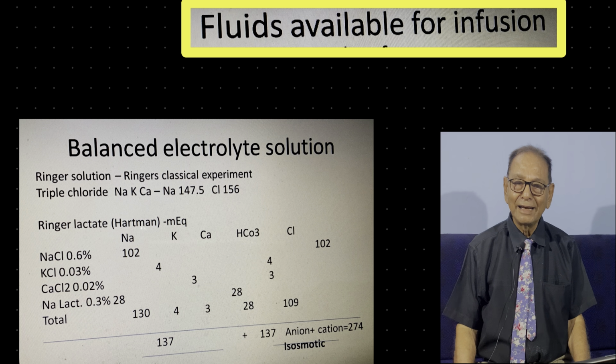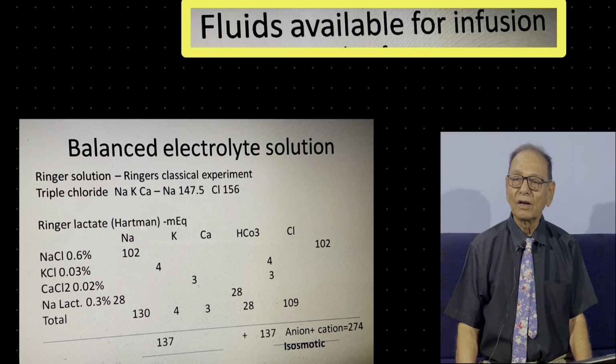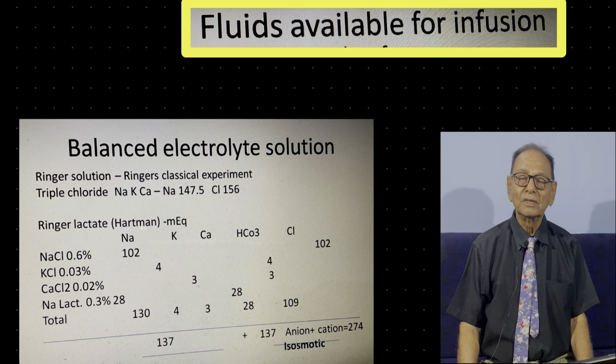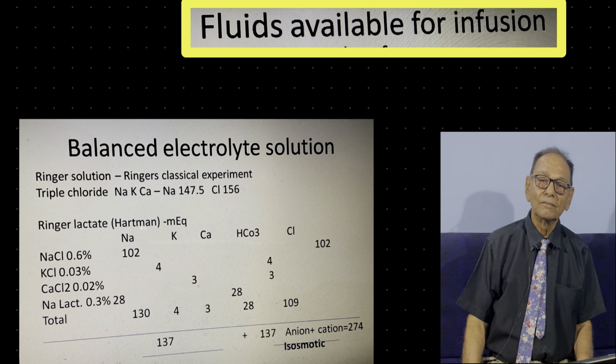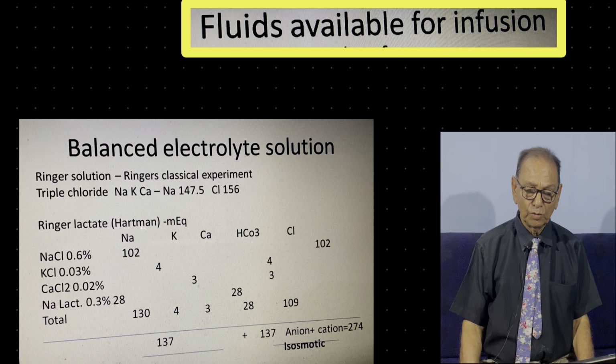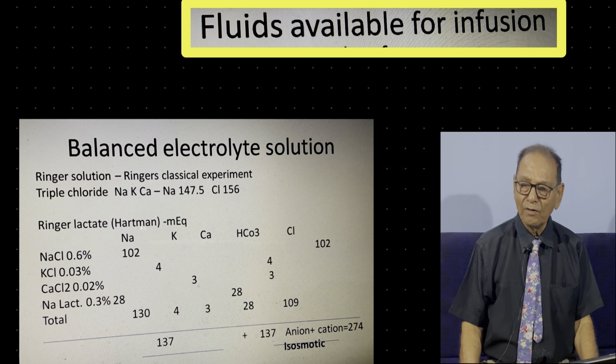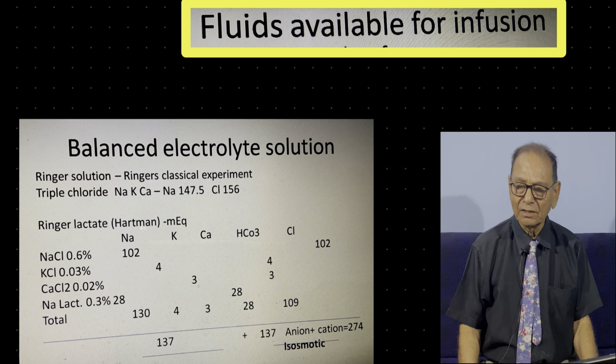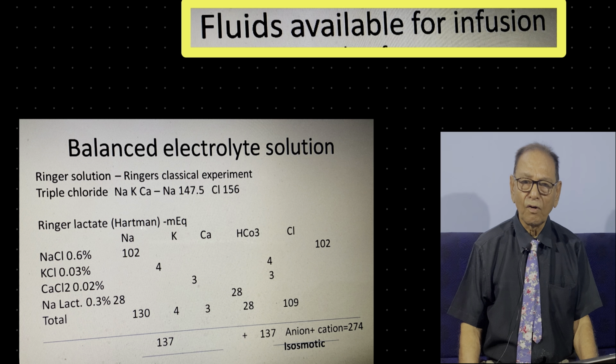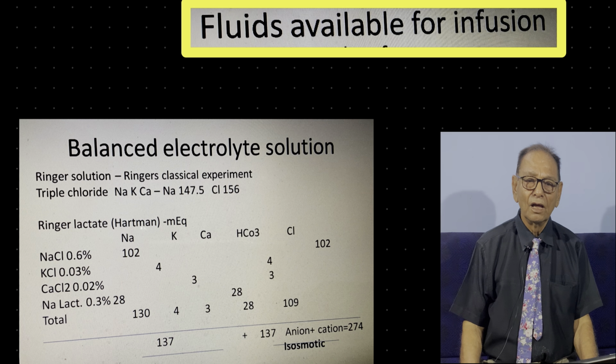Let's understand the meaning and the arduous labor involved by a large number of research workers to develop this solution. The credit goes to Ringer, who did a classical experiment on a living, pithed frog's heart, whose movements were kymographed.